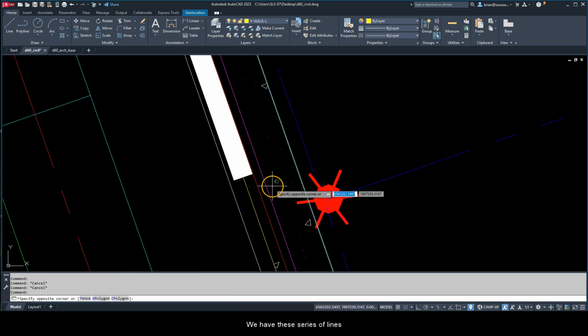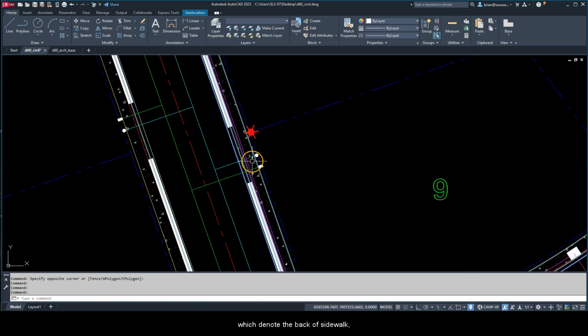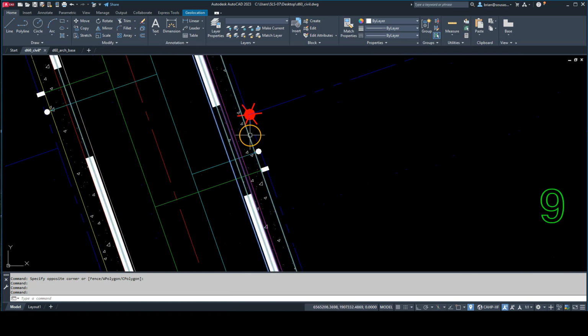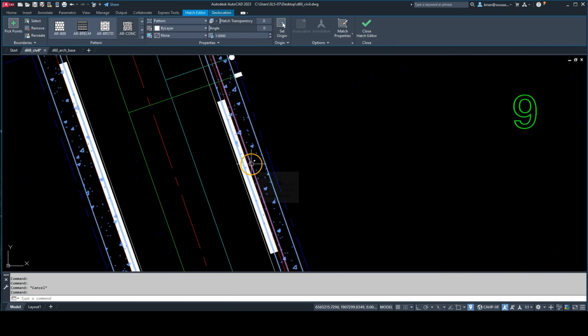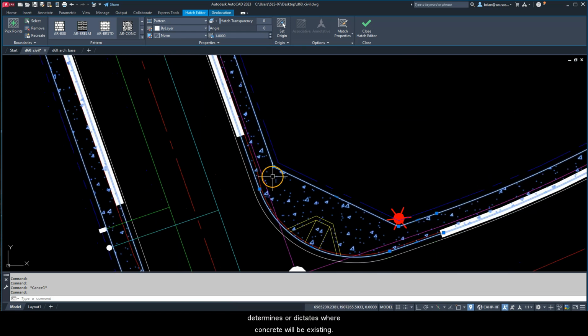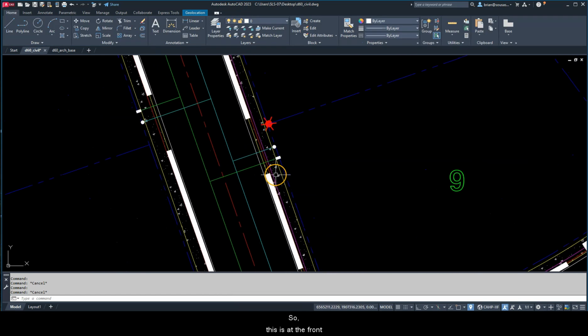We have these series of lines which denote the back of sidewalk, the curb line, and the gutter line. This hatch type determines or dictates where concrete will be existing. So this is at the front of each lot.